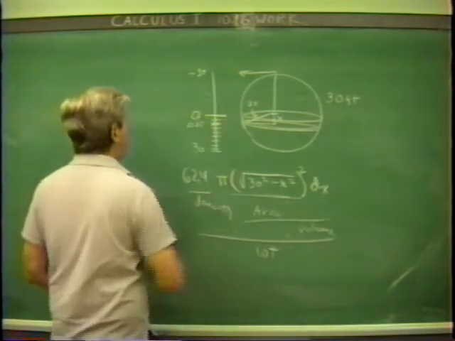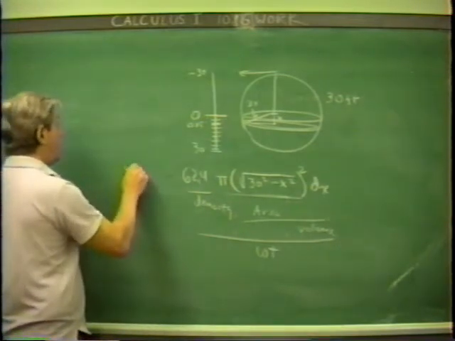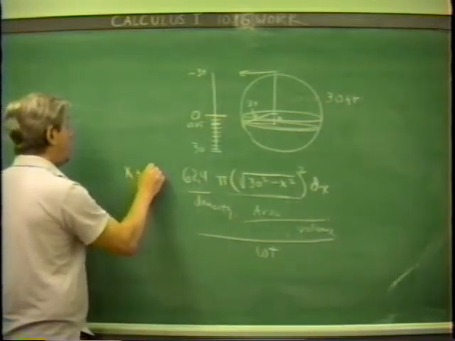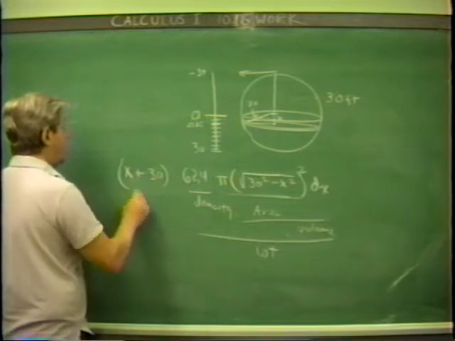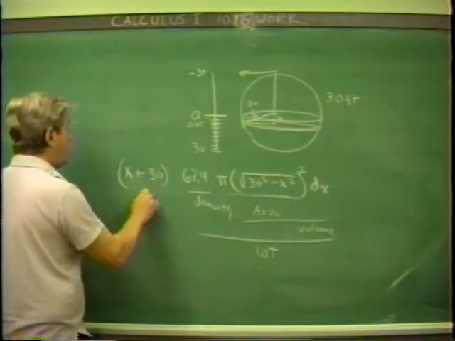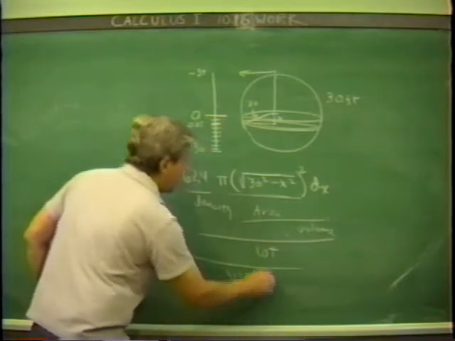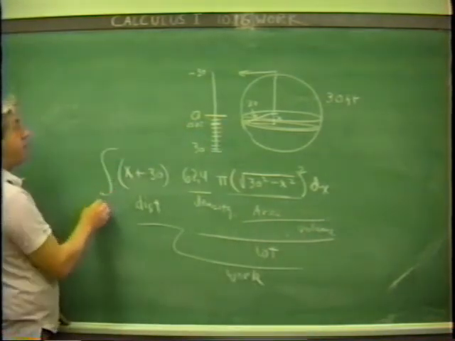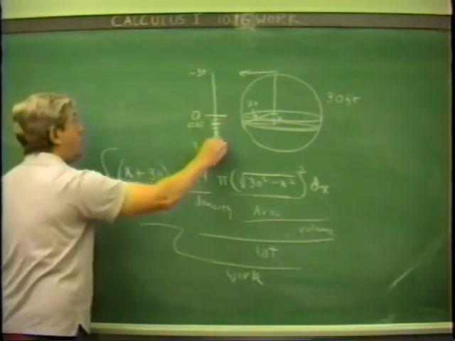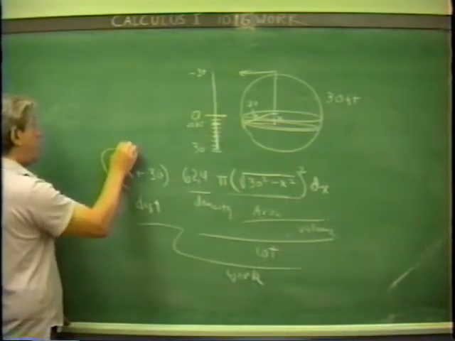So this is the amount of weight of the small slab. It has to be lifted from x to minus 30. So it's going to have to be lifted x minus the minus 30, or x plus 30. So this is the distance that it's lifted. The weight times the distance gives you the work.